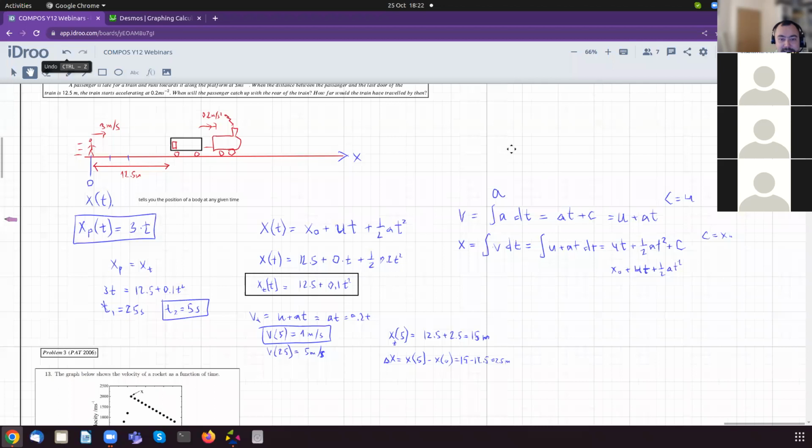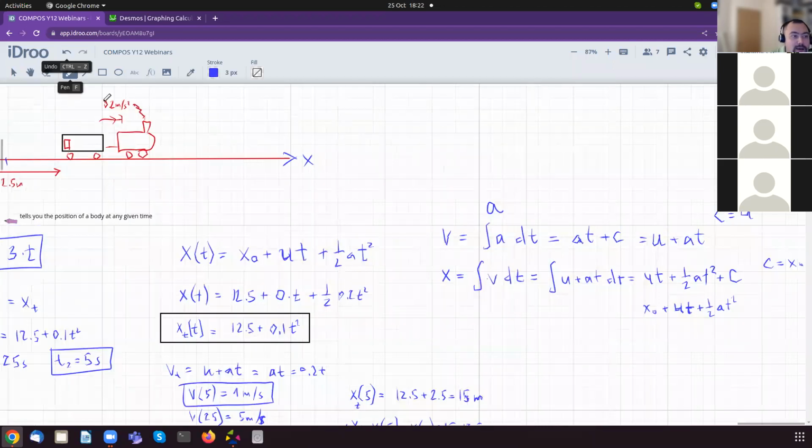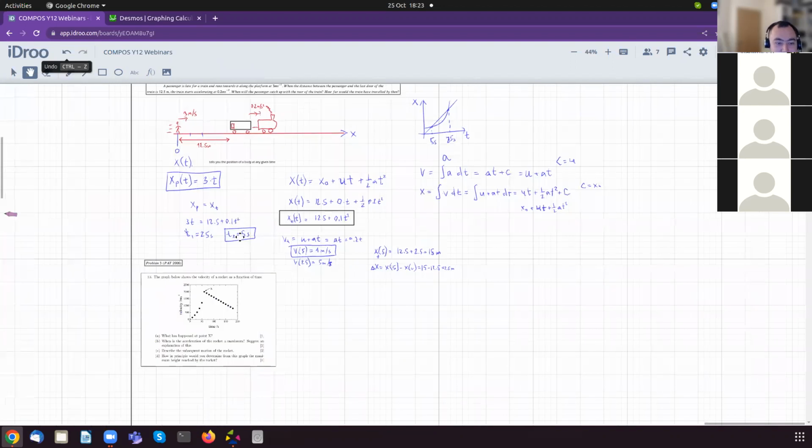So I hope that makes sense. And I'm just going to sketch that. So this is position, this is time. So we have the person running, and then the train. So that's 5 seconds, and then 25 seconds. It's accelerating. Okay, so I hope that question makes sense.